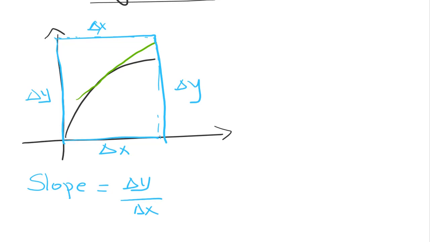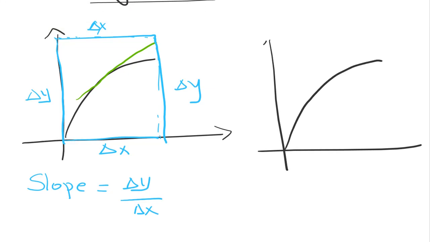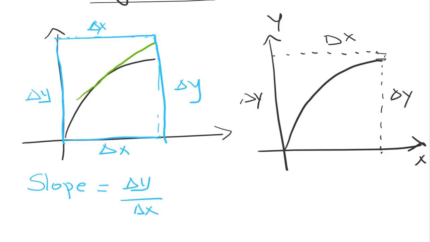Now coming to the next figure, I'll draw one more figure here, with the same x and y axes. This is delta x, this is delta y, and as it is a rectangular shape, opposite sides are equal, so this also will be delta y and this will be delta x.